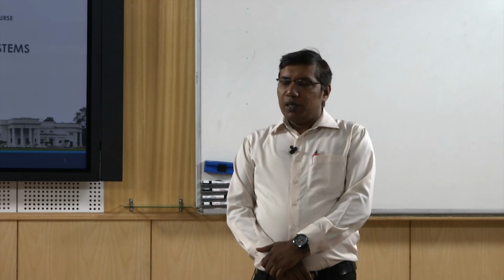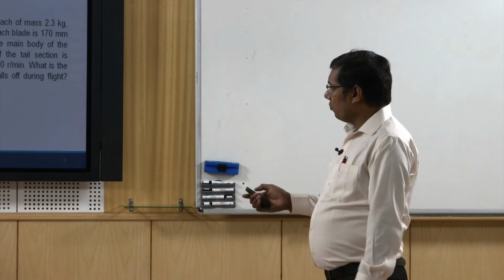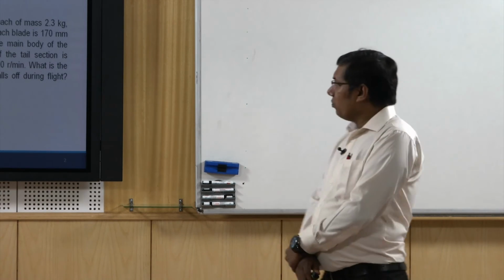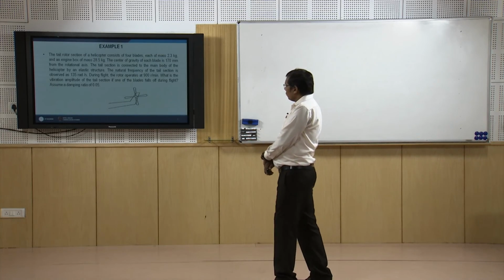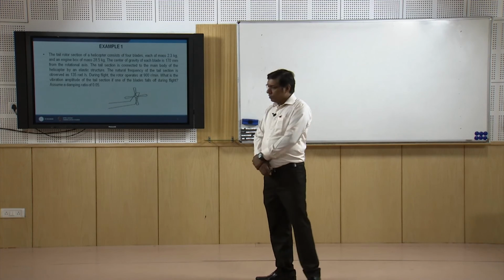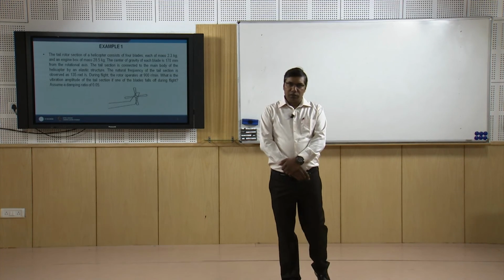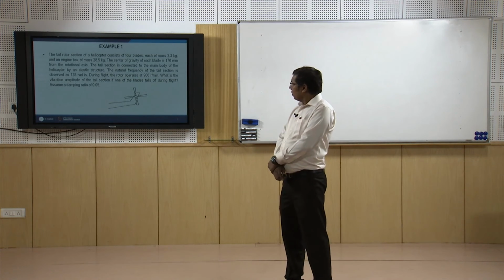So today we will discuss some numerical problems, some specific problems that I would like to discuss to you. So let's start with the first problem. There is a helicopter rotor.